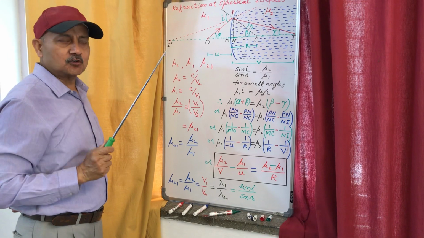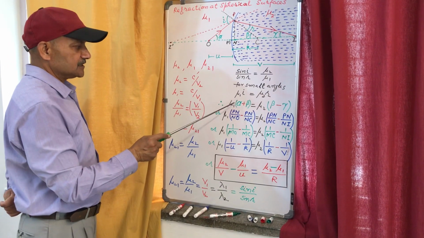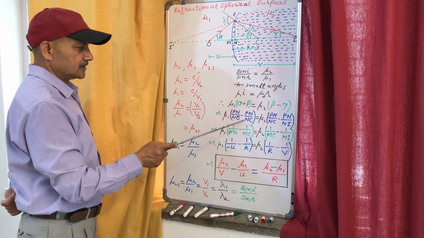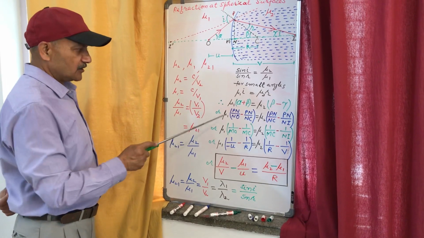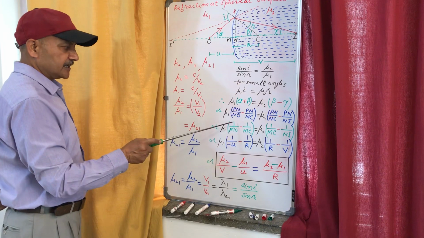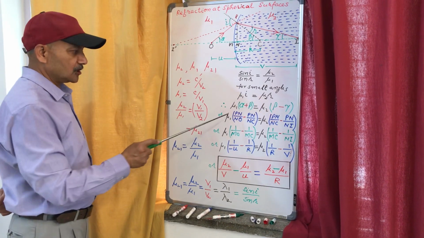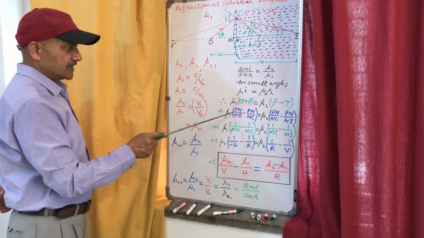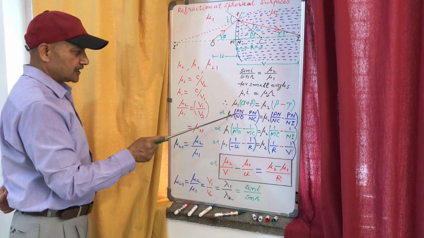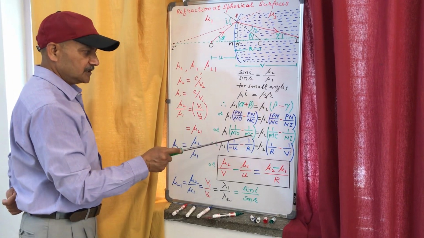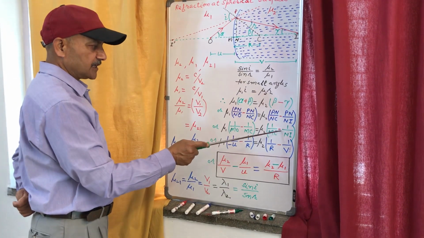Because the angles are small, we can write all these four in terms of this ratio. Now as PN is common, we can again write 1, 1, 1, 1. All PN's cancel. As N is very close to M, we can write in place of NO, MO, in place of NC, MC. Similarly, 1 upon MC minus 1 upon NI.